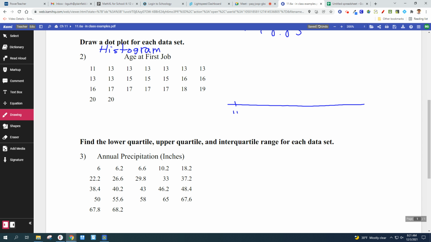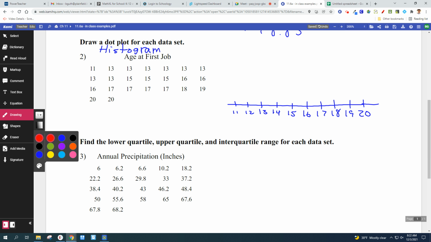Let's start at 11, 12, 13, 14, 15, 16. So it's almost like we're doing a line graph. But this dot plot or this histogram, we're going to put little dots for each of the numbers above this line. And it's going to kind of remind you of a bar graph, I guess.